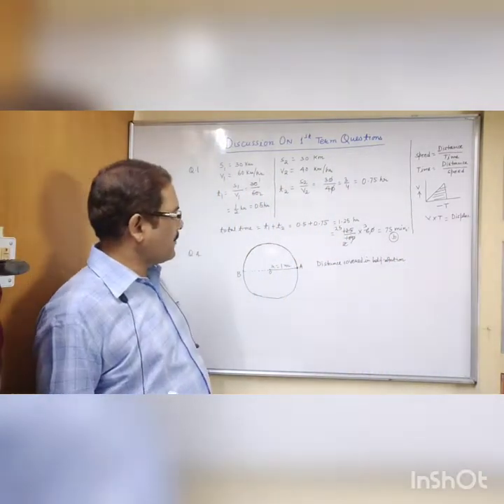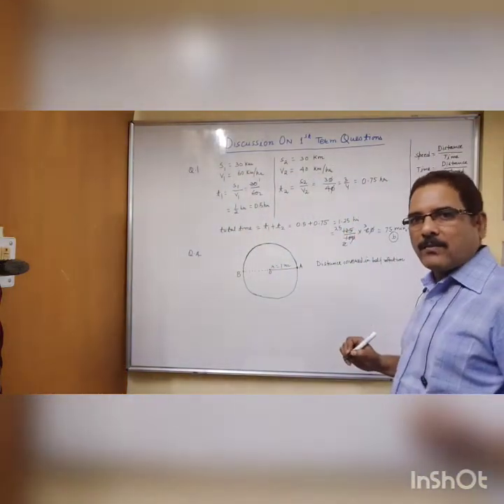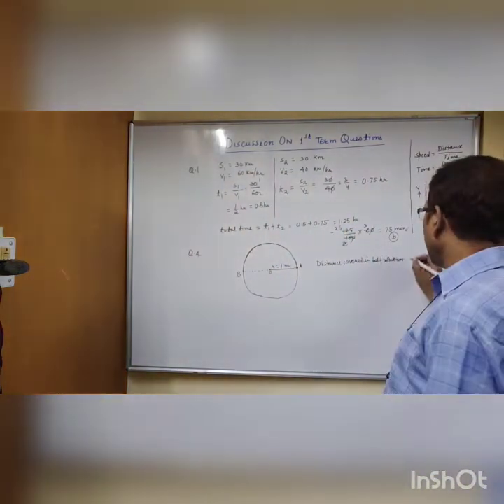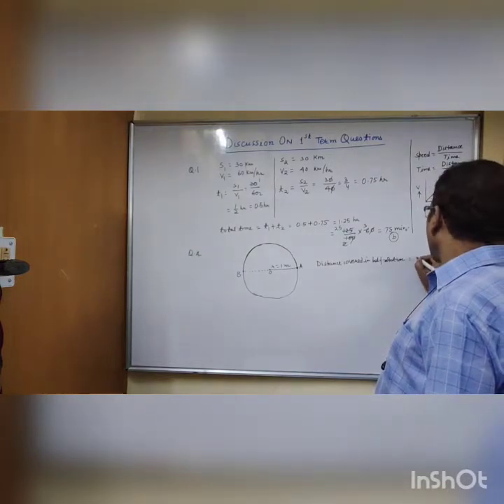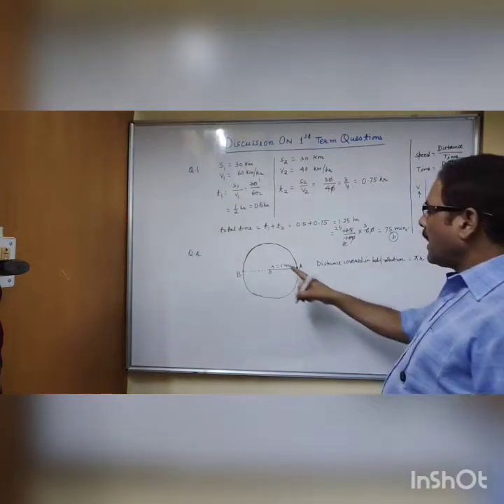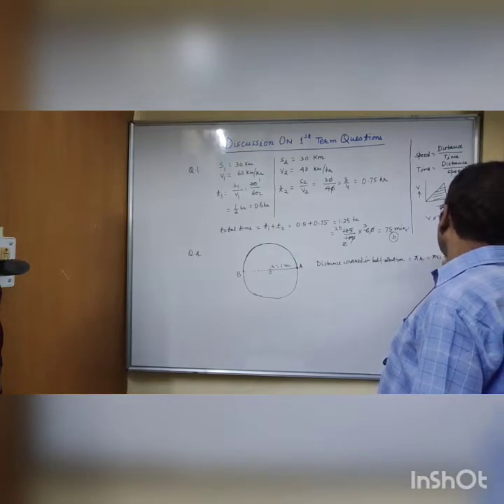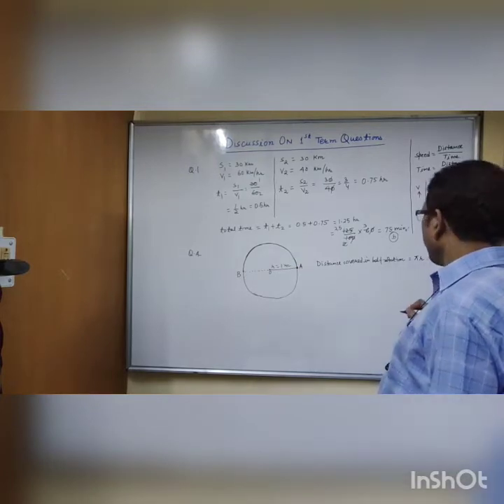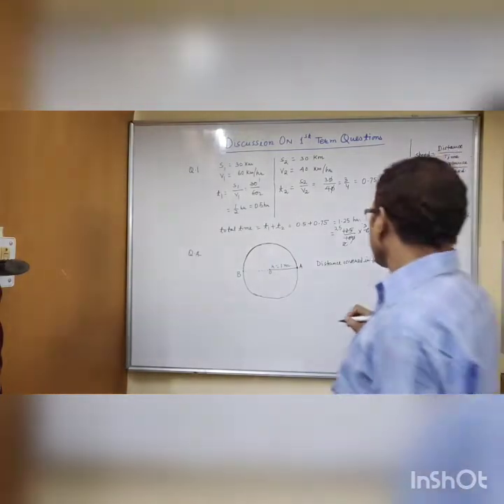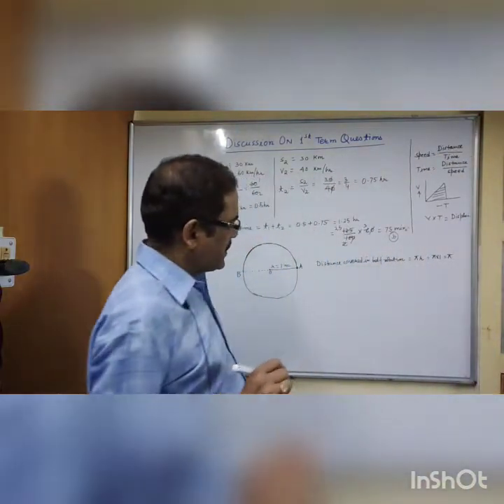Distance covered in a full revolution, as you know, will be equal to the circumference of the circle, 2 pi r. So in half revolution it will be simply pi r. Now r is how much? 1 meter. So pi into 1, so it will be simply pi m, isn't it?